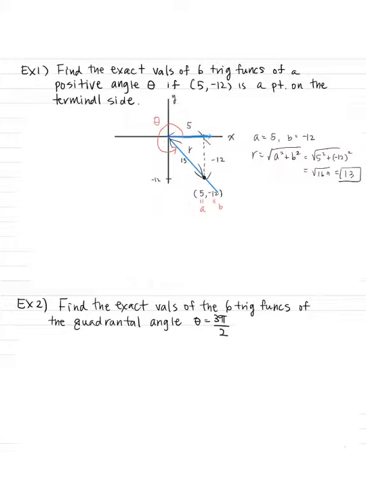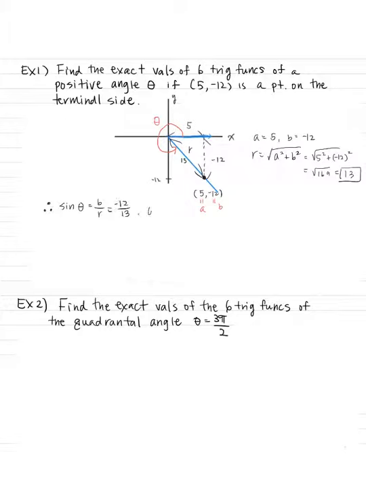Okay, so I think we are ready to do this. So therefore, remember that the triangle symbol means therefore. I'll write every step out here. So sine of theta is B over R, which is negative 12 over 13.